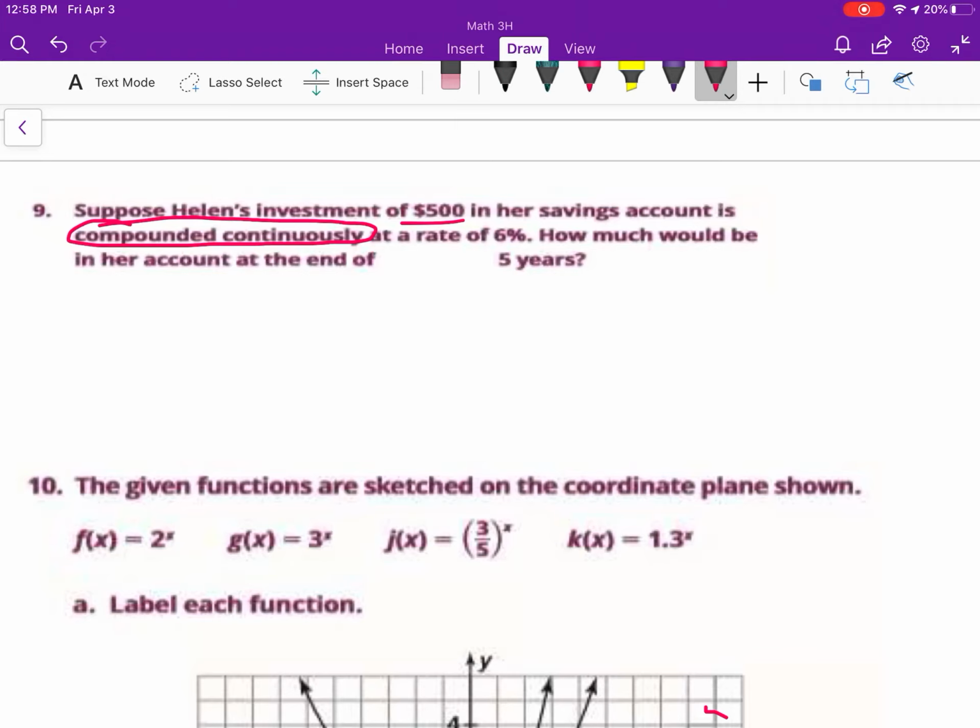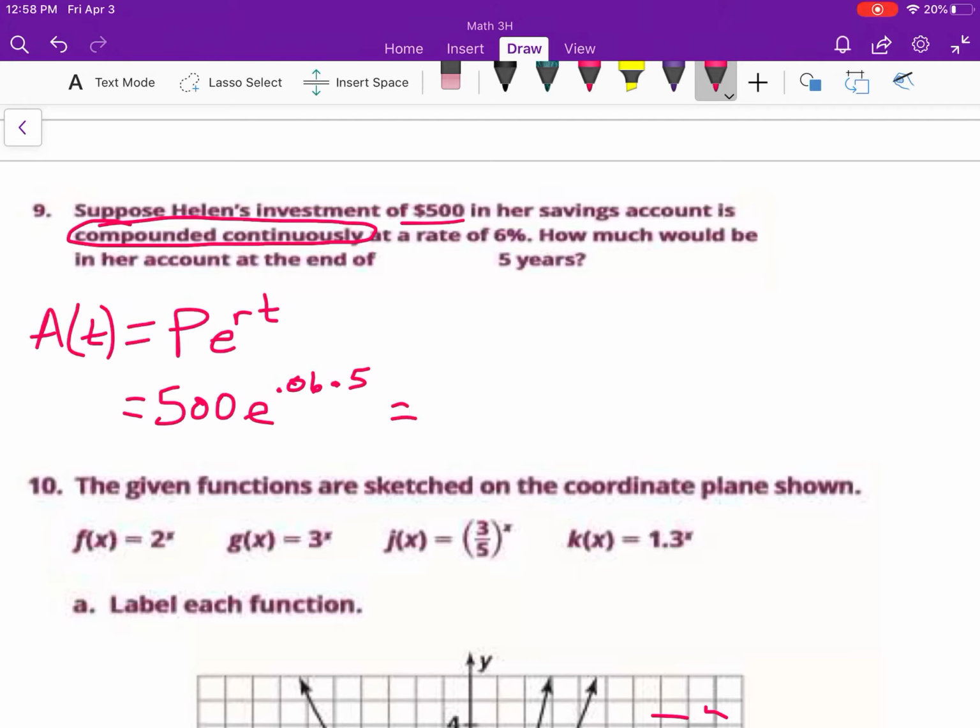So my formula here is, they call this PERT, A equals the original amount, e to the rt. So 500, e stays e, the rate stayed 0.06, and the time they wanted was 5 years.